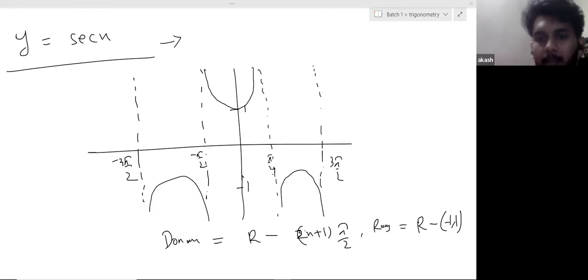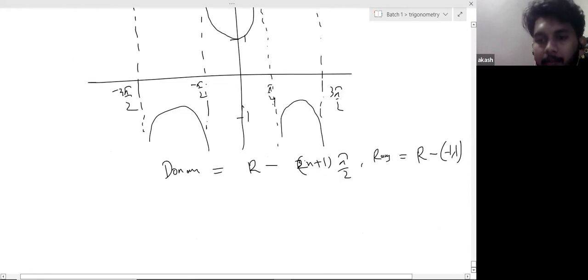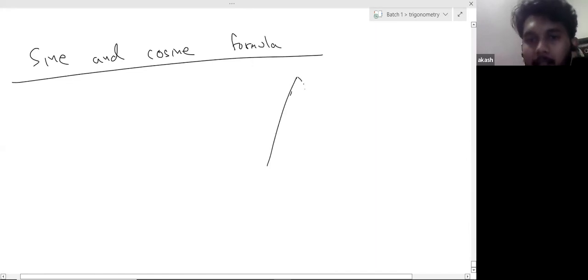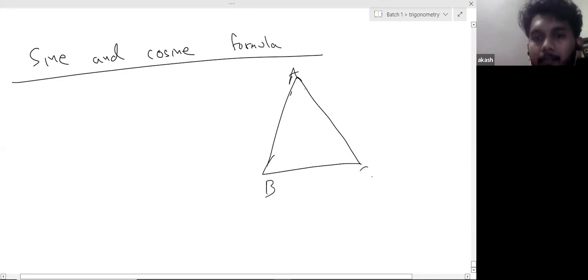Alright, the last thing in trigonometry is sine and cosine formula. Right? This is a relation between the sides of any triangle and their angles. If you have any triangle ABC, this side will be called small a, this is small b, this is small c.